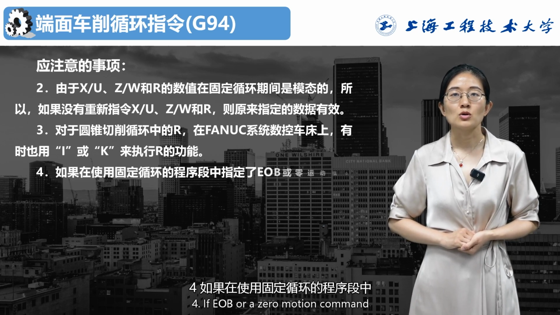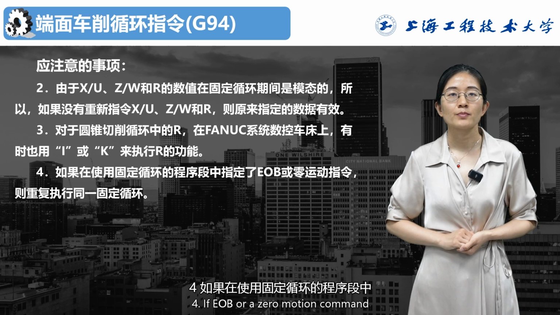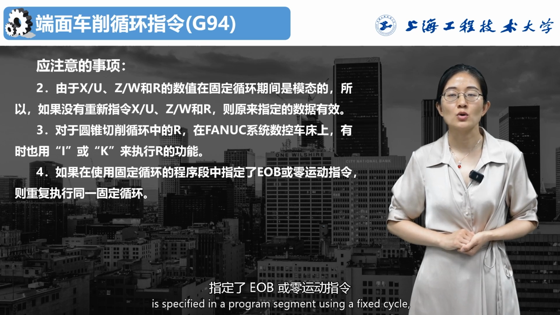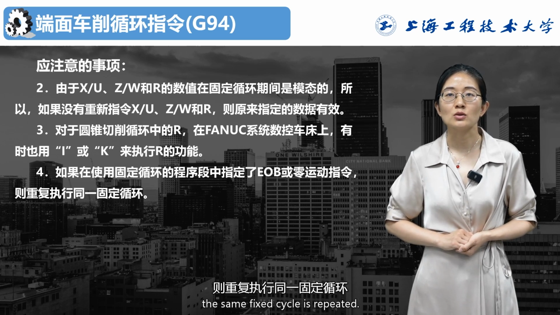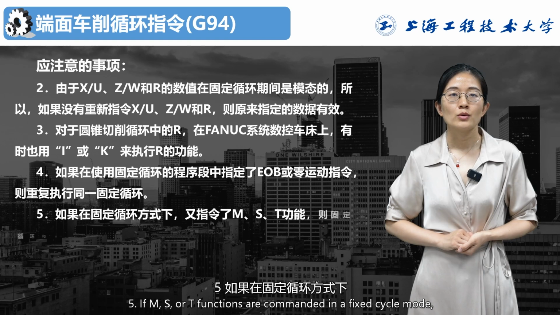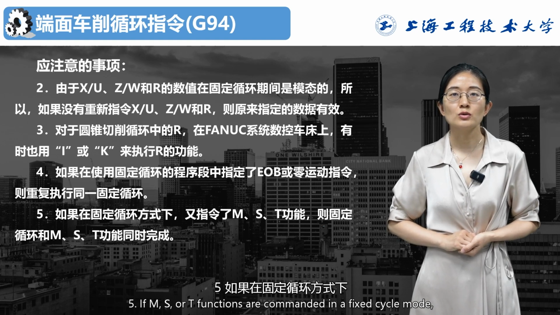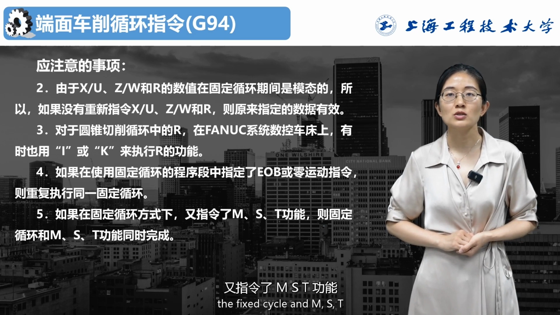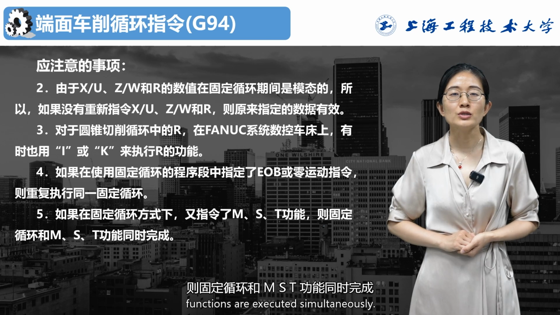Fourth, if EOB or a zero-motion command is specified in a program segment using a fixed cycle, the same fixed cycle is repeated. Fifth, if M, S or T functions are commanded in fixed cycle mode, the fixed cycle and the M, S, T functions are executed simultaneously.